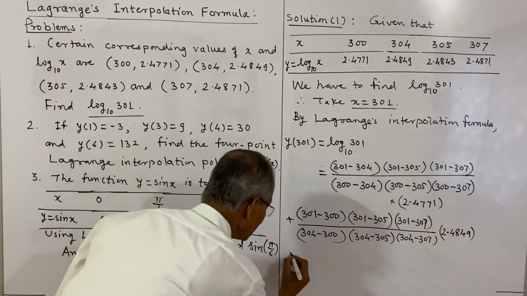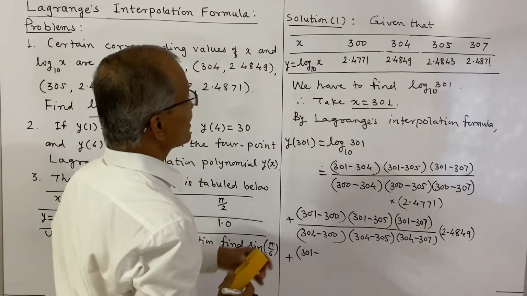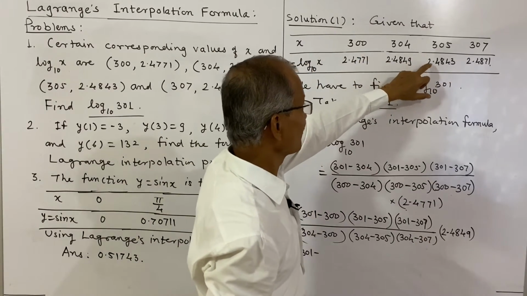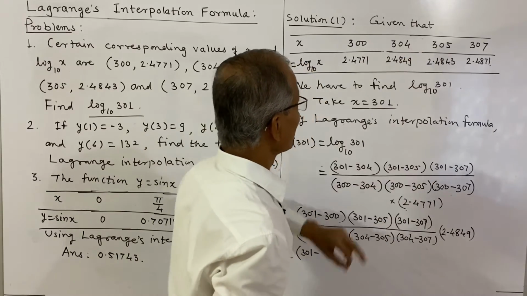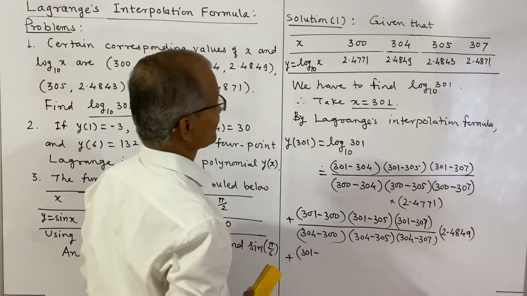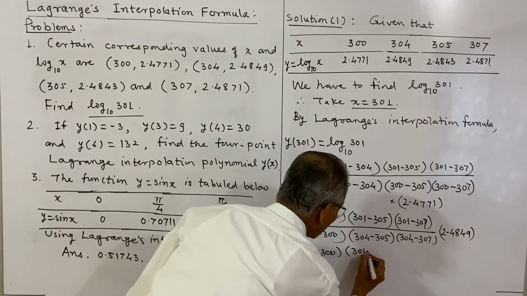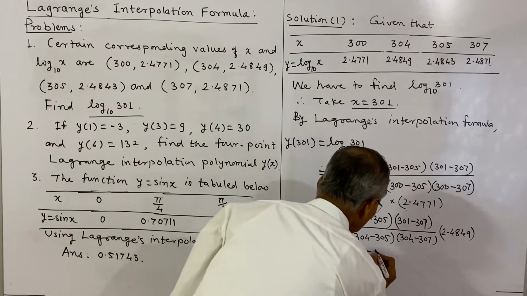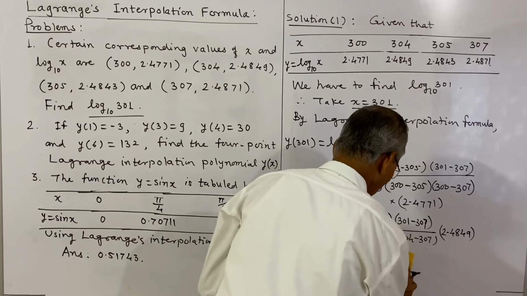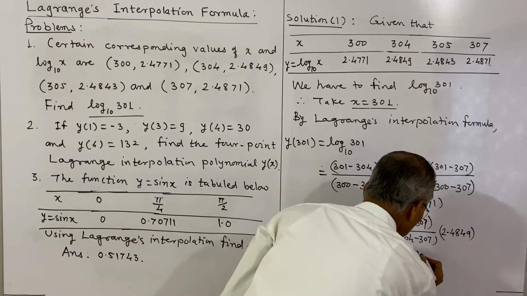And further the next term will be plus, again 301 minus x0, which is 300, then 301 minus 304, and 301 minus the last value, 307. We have to delete the x2 term, which is 305, so it is not to be written in the numerator.